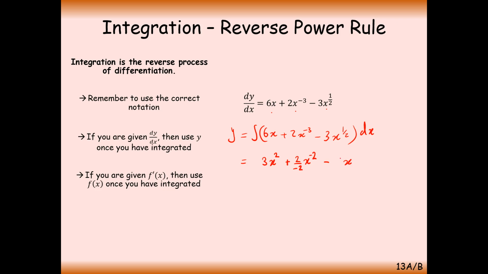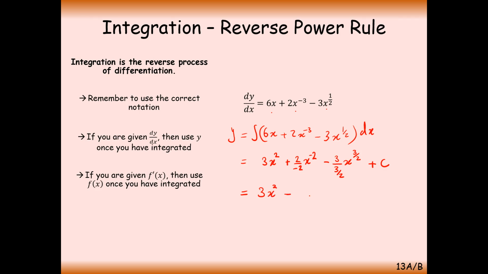I'm going to leave a gap here. All right, maybe I can put a 3 here. What is the power, adding 1 to 1 half? It's going to be 3 over 2. Now dividing by 3 over 2, and don't forget the plus c, we can tidy the fractions up in a minute. So 3x squared doesn't change.